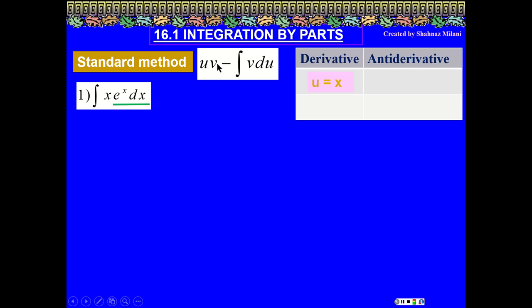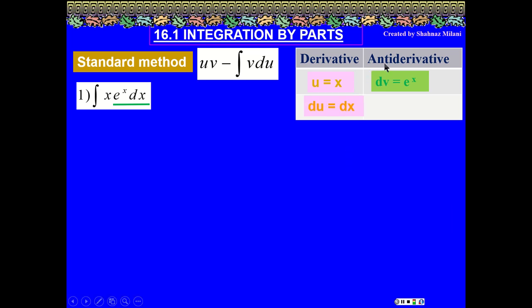I'm going to use v as my antiderivative part, where v is equal to e to the exponent x, or you can say e to the exponent x dx. It doesn't matter. Now, from the derivative part, get the derivative. The derivative of u is du, the derivative of x is dx, or you can say du over dx is equal to 1, and then cross multiply.